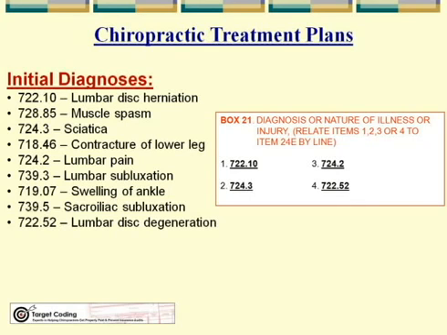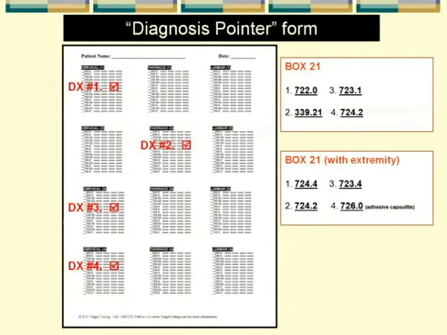So make sure you're using high-value diagnosis codes. One way to do that is to create a diagnosis pointer form. You should see that on your screen right now. This is a form that is in a book that I strongly recommend every chiropractor have. It's the book on the best diagnosis codes to improve reimbursement.